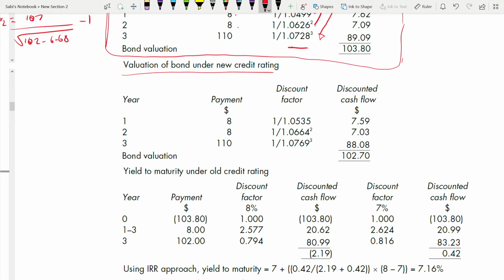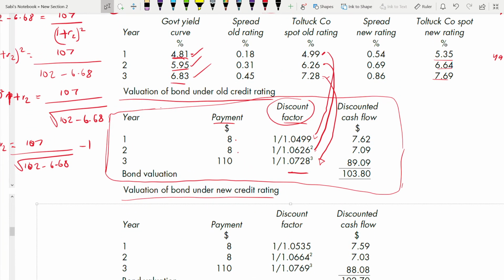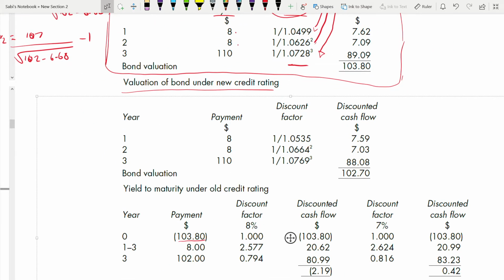If you see year 0, we are paying 103.8. How did you get this 103.8 and its bracket? Because it is this yield to maturity. See, we need yield to maturity under all credit ratings. Why is that?